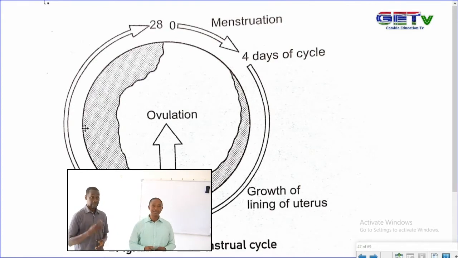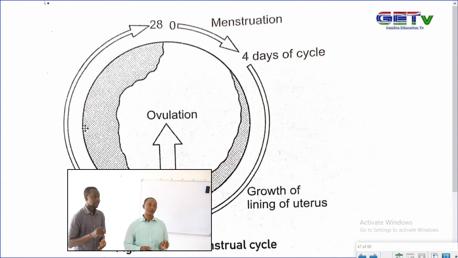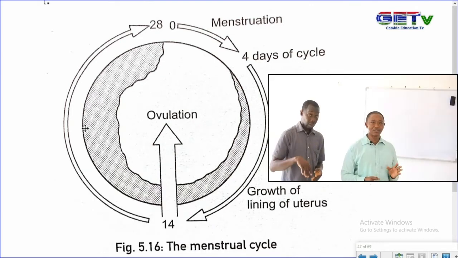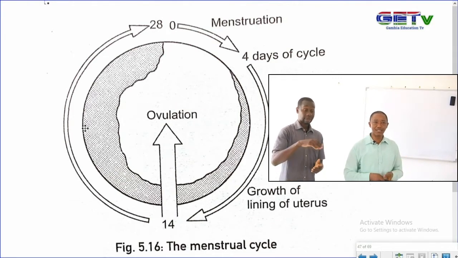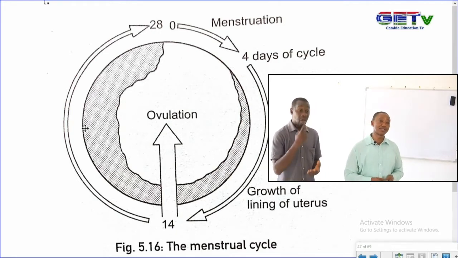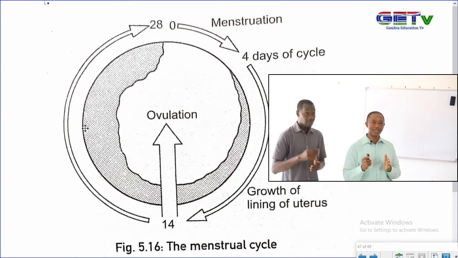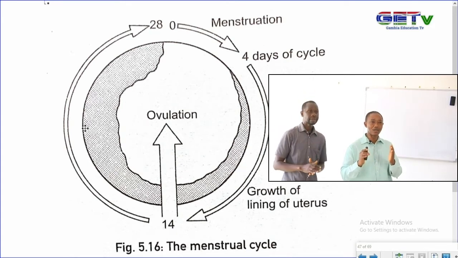We're looking at the menstrual cycle in the girls or women. Now, this is a cycle that operates roughly around 28 days. Now, once the girl has reached that age that is described as menarche, the age at which they start to experience menstruation, what happens is, if you look at the circle, you'd see towards the top right, the wall is beginning to become thick and thick and thick.